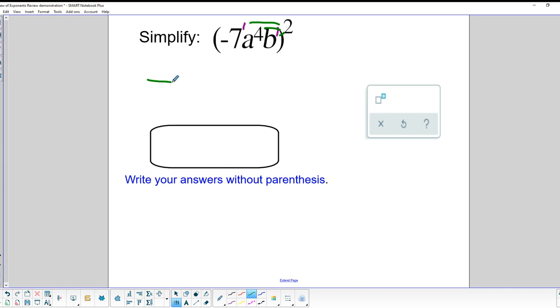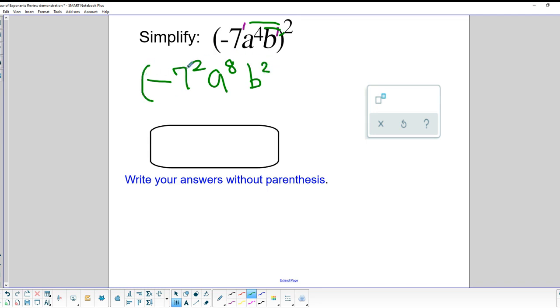So we'll have negative 7 to the 1 times 2 power, which is 2. Then a to the 4 times 2 power. We've got a, and then 4 times 2 is 8. And then b, we have 2 times 1 on the b power, so that's going to end up being b to the second.